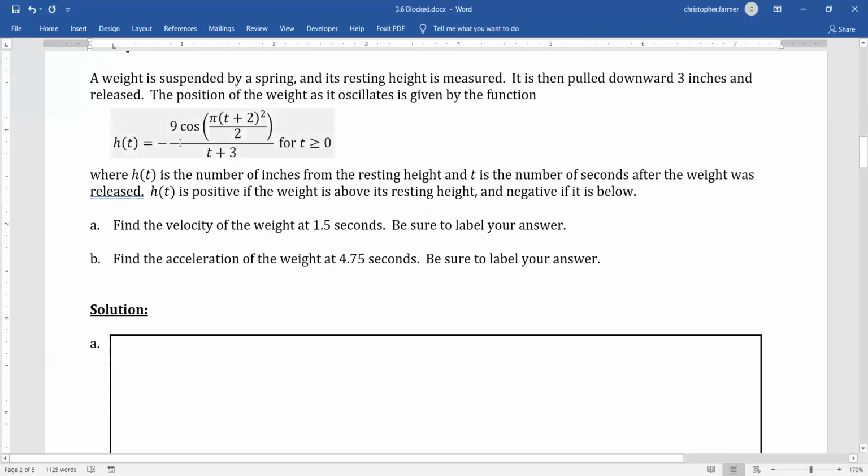I put a little bit more complicated of a function here because I want it to be a little bit more realistic. The functions that the textbook uses are really whittled down basic ideas where it's not taking into account the actual action of the spring. If you let go of that spring and watch it bounce up and down, it's going to slowly stop bouncing up and down. It's not going to keep bouncing up and down those 3 inches forever.